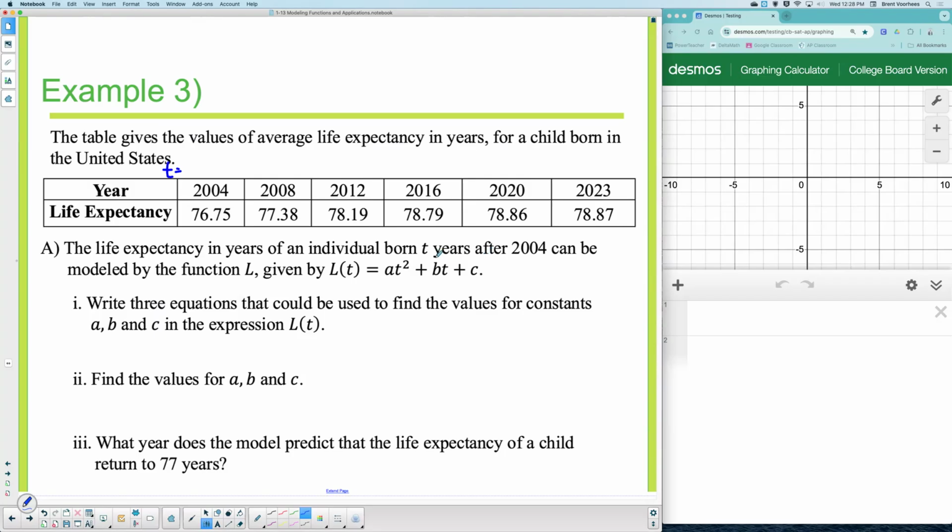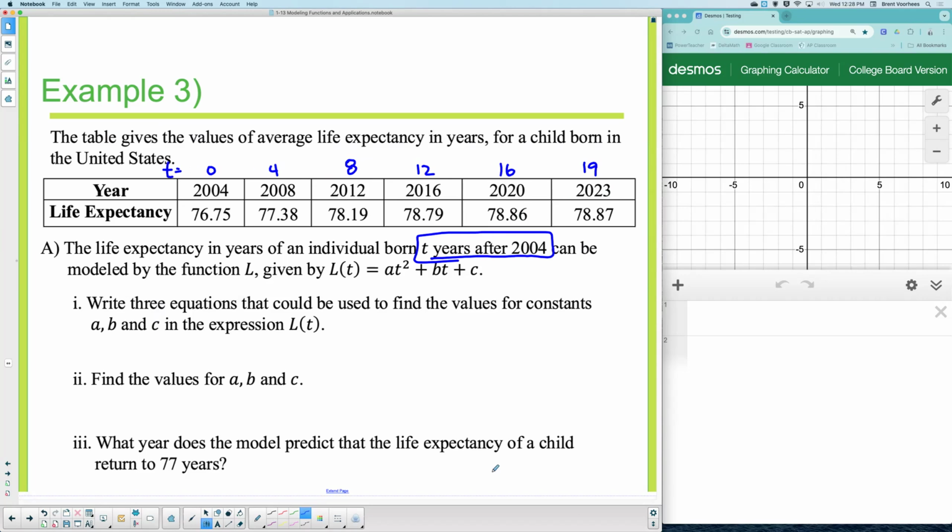It's years after 2004. So how many years is 2004 after 2004? 0. How many years is 2008 after 2004? 4. 2012? 8. 2016? 12. 2020? And 2023? 19. There's our data that we're going to type in.